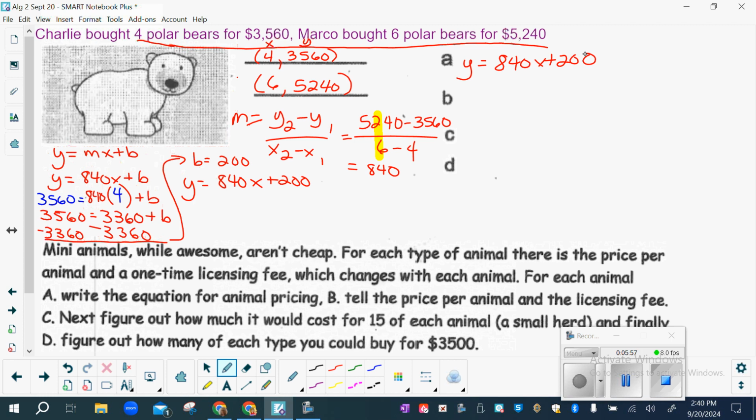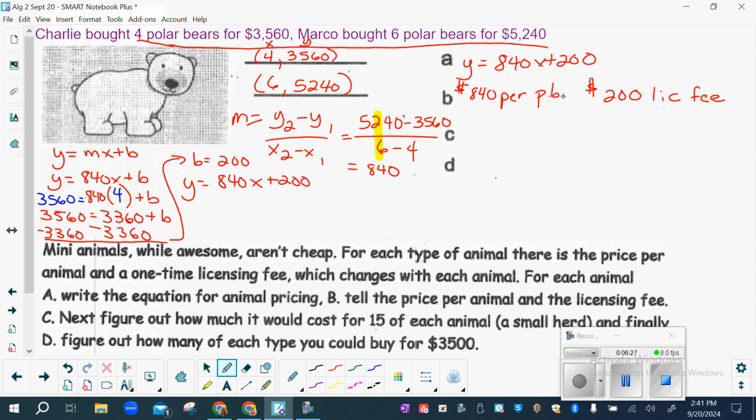No, that y-intercept is that y-intercept. It's never anything different. So that's going to be your licensing fee. So that 200 is your licensing fee, and it's $200. And then the price per animal would be $840. And it's polar bears here, so I'm going to put PB for polar bear.